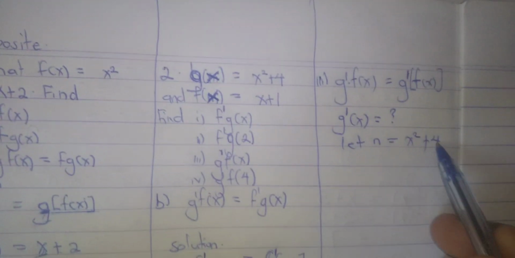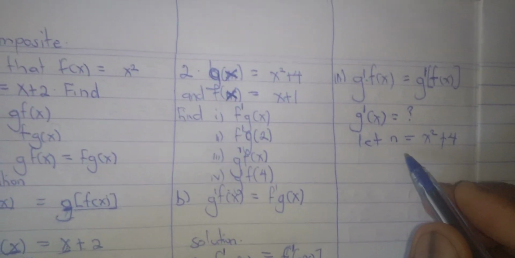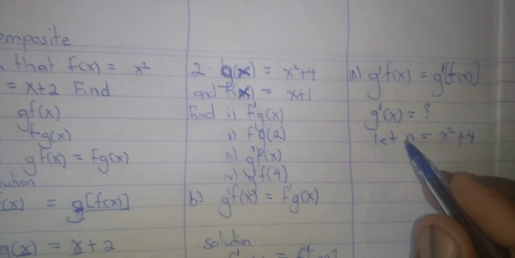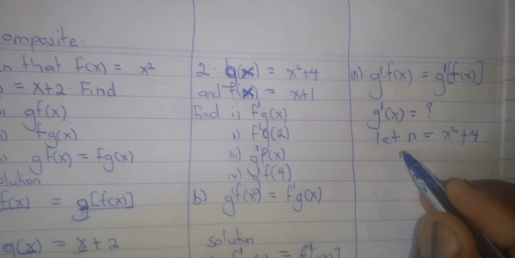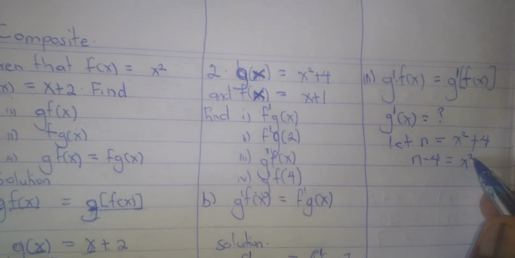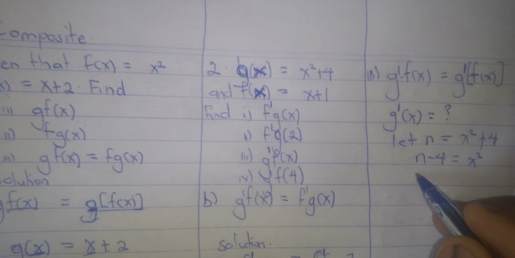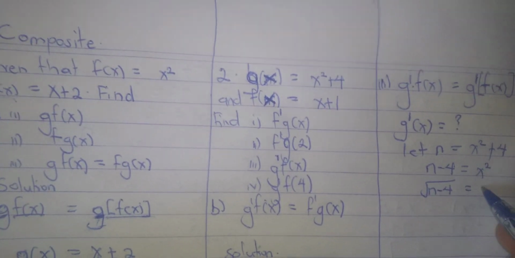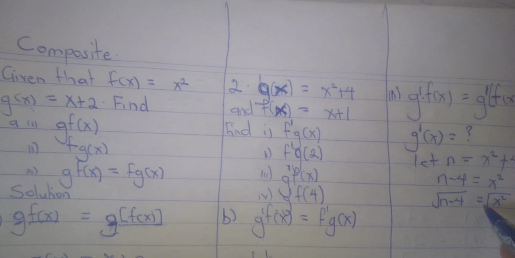So how do we make x the subject of the formula? First of all, remove the 4, take it this side. So when you take it this side, it becomes n minus 4. Then this side remains with x squared. The next step shall be taking a root on both sides. n minus 4 equals x squared. Also take a root to this side.